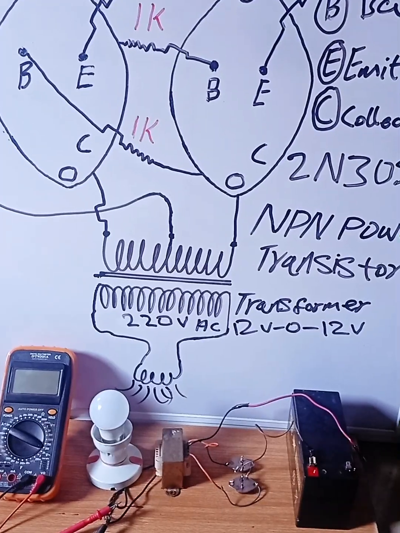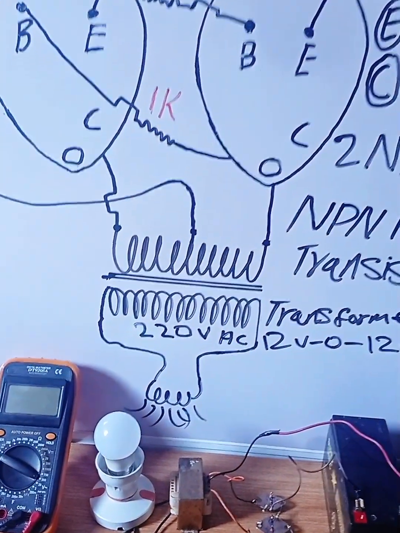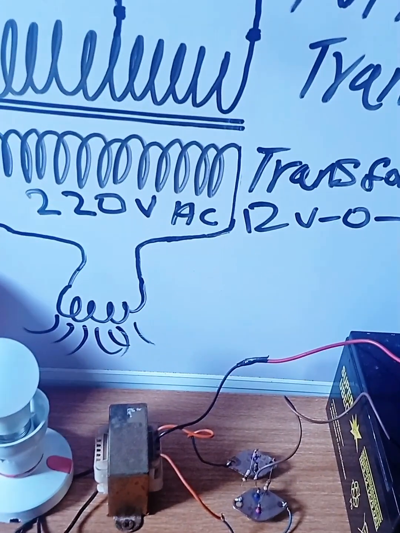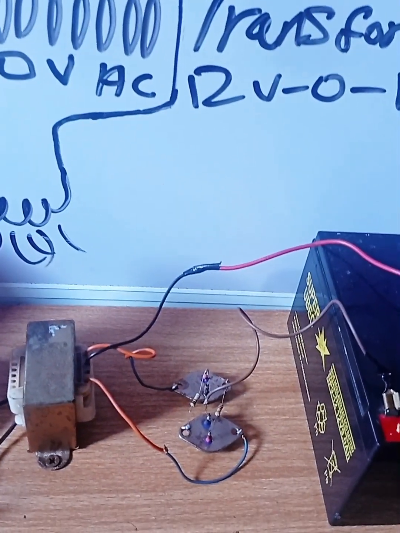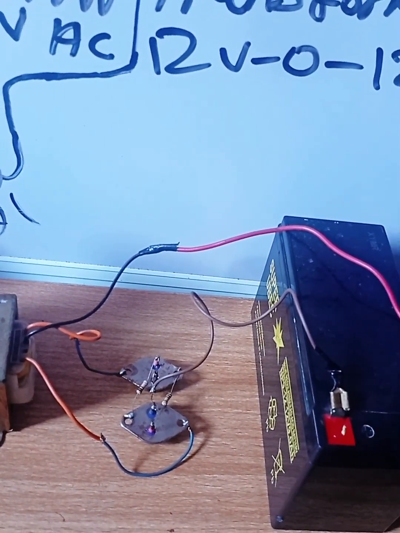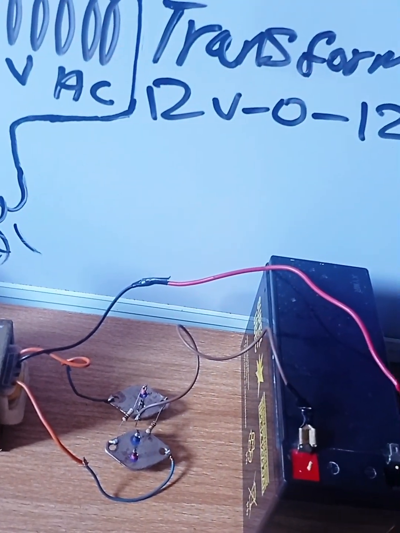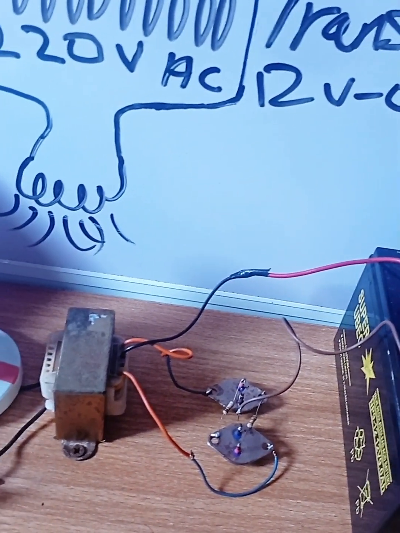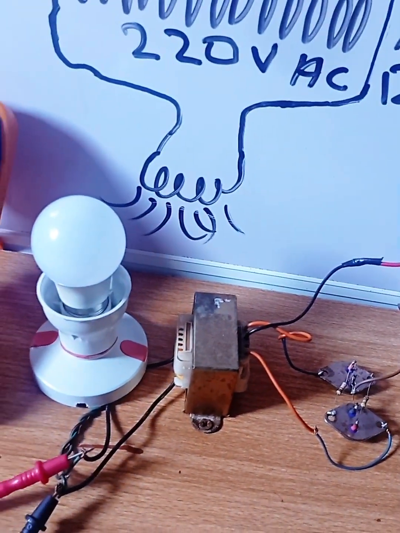Now, let's look at the transistor inverter. This is a completely different approach. No moving parts, no clicking sound. Instead, it uses electronic switching. Transistors switch current extremely fast, much faster than any relay ever could.